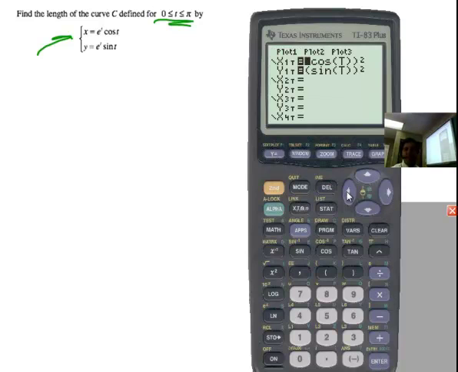And we're going to graph e to the t cosine t, and then e to the t sine t.